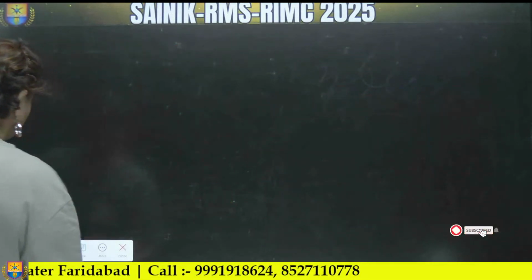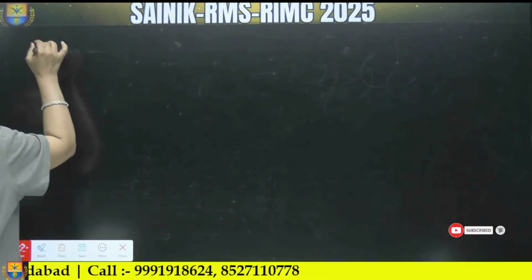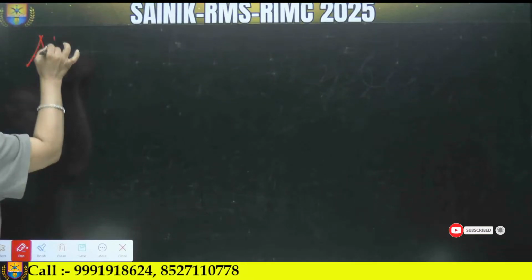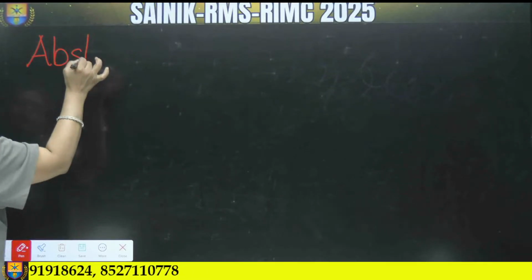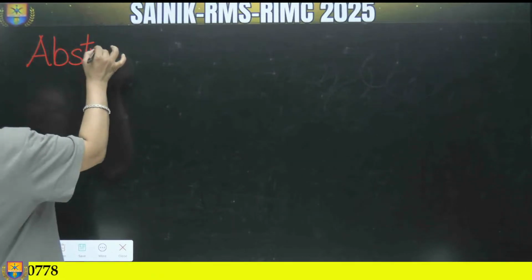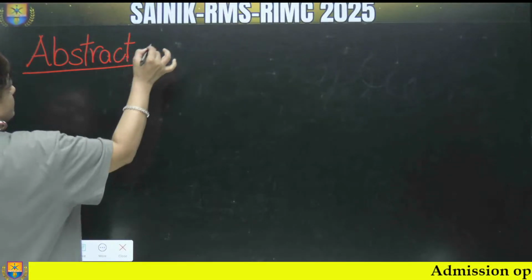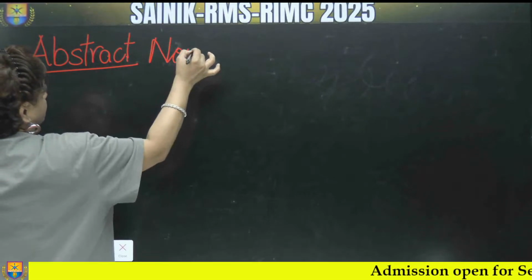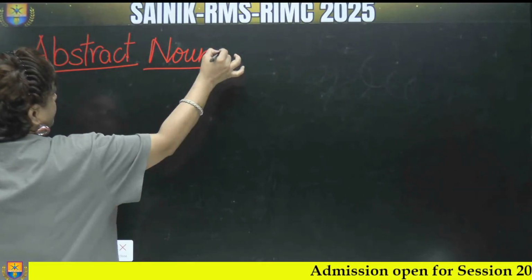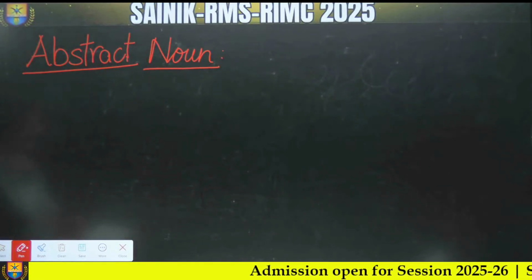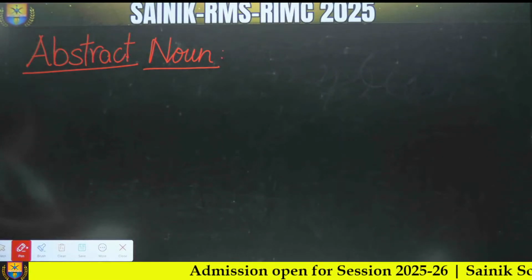Now let's go to the next type of noun. That is the abstract noun. Now what is an abstract noun?